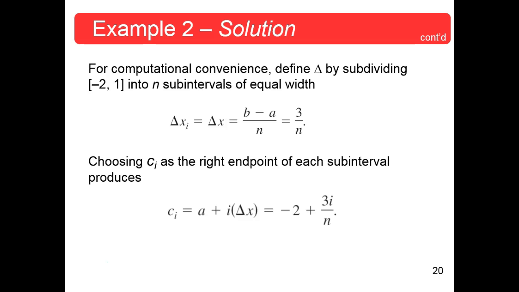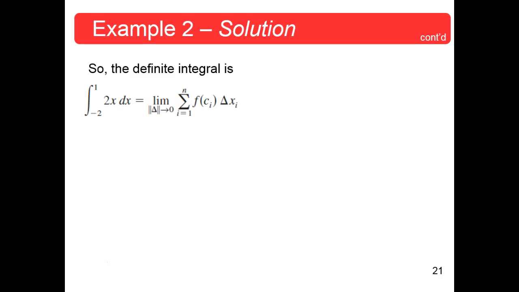Remembering what your c sub i is and your delta x sub i. So, let's plug those in. The limit as n approaches infinity of the summation from i equals 1 to n of that. Same thing we saw before.